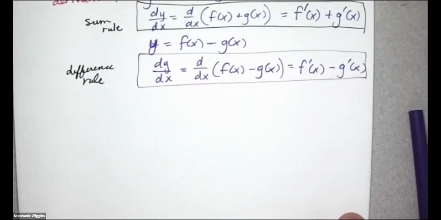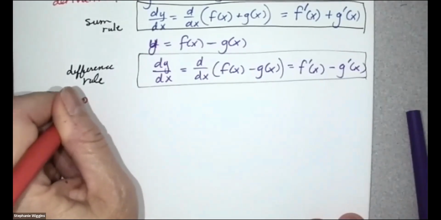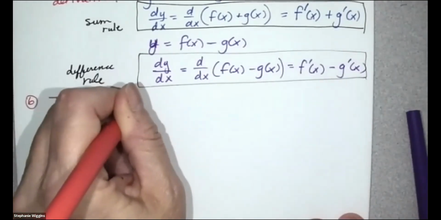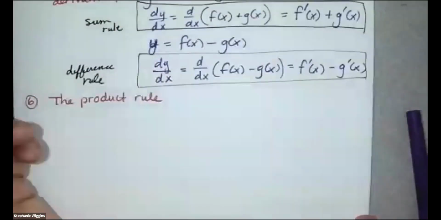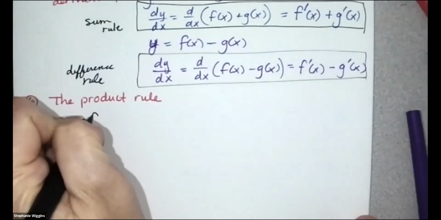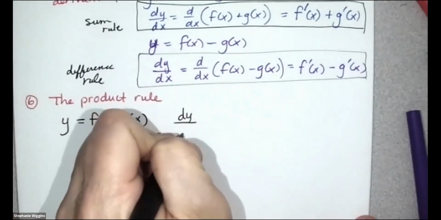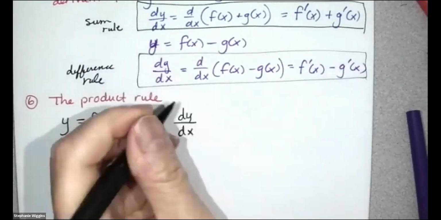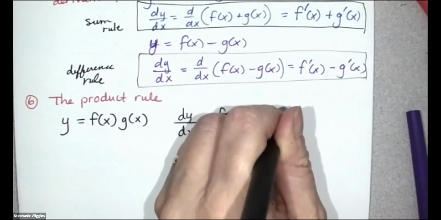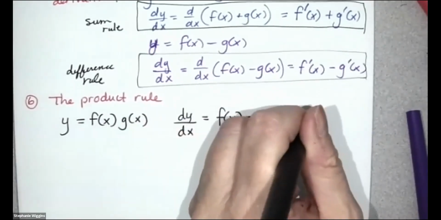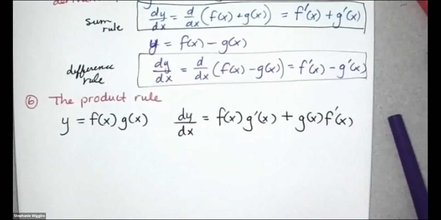So, the product rule. If you have a function y that is a product of 2 functions, then the derivative dy dx, you take the first function, f of x, multiply it by the derivative of the second function, and then add to that the second function multiplied by the derivative of the first function.